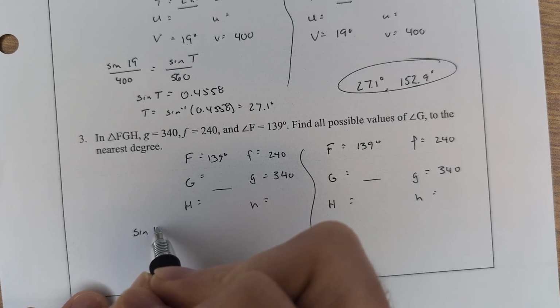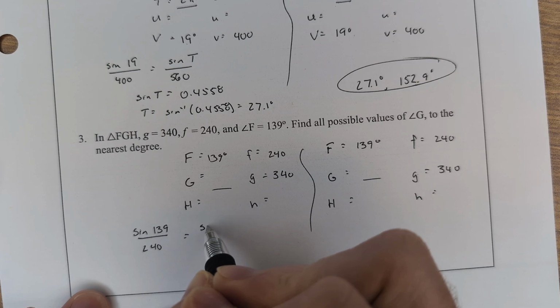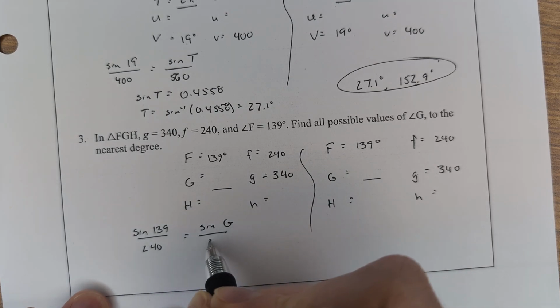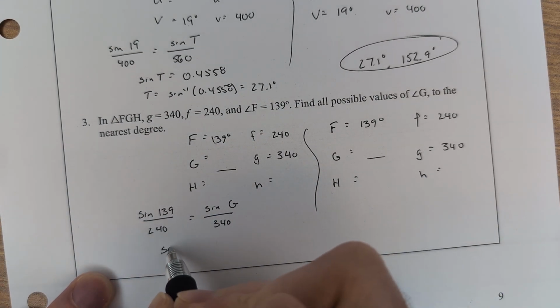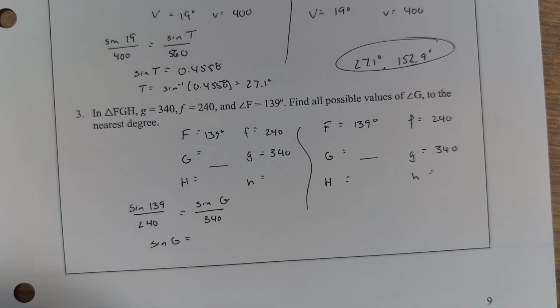Sine of the angle we know divided by its partner side equals sine of the angle we want divided by its partner side. So sine G would be sine 139 divided by 240, and then times the denominator on the other side.